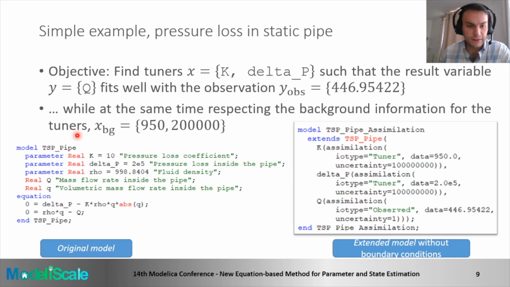So if we look at this example, we have here a Modelica model with some parameters, some variables, and the equations. And here we have the model designed for the optimization, in which we are going to identify the parameters, which are the tuners, which here correspond to parameters like the k and delta p, and then as well the observations, the observed.